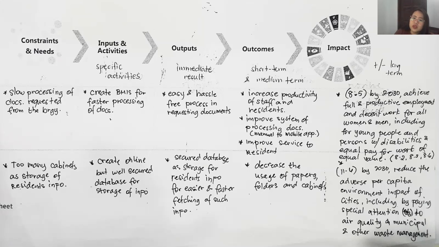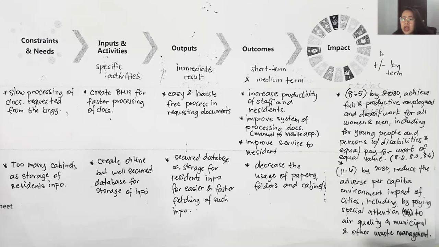For their outcome, which is the short-term and medium-term, there is an increase of productivity for staff and residents, an improved system of processing documents. They were able to create a process from manual, transferring it to digital through the mobile app. They also improved the services to the residents.